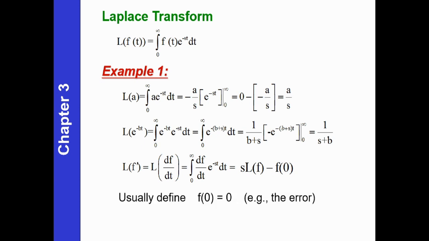For example, the Laplace transformation of function f(t) equals the integration from limit 0 to infinity of function f(t) times e to the power of negative st, integrated with respect to time dt. Then we have these equations as given there.